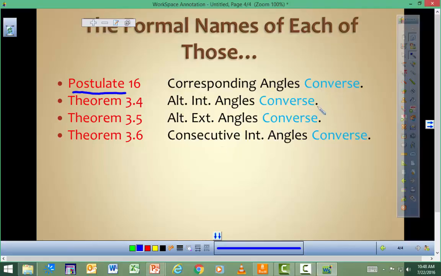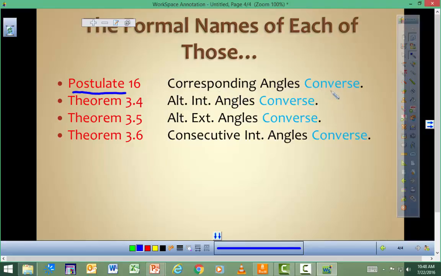If you leave that word off of there, then I'm going to think that you're referring to the previous lesson, which was lesson 3.2. And in that lesson, we had parallel lines to start out with. But in this section, we don't start out with parallel lines. We start off with corresponding angles.